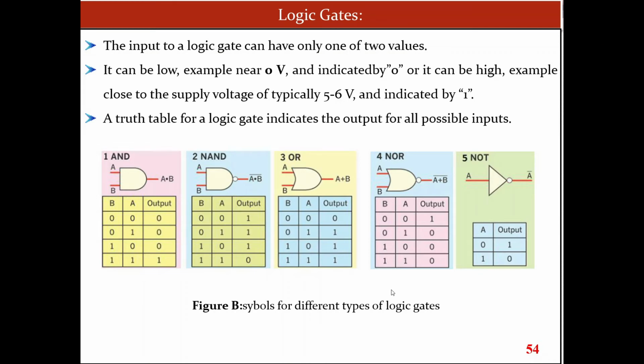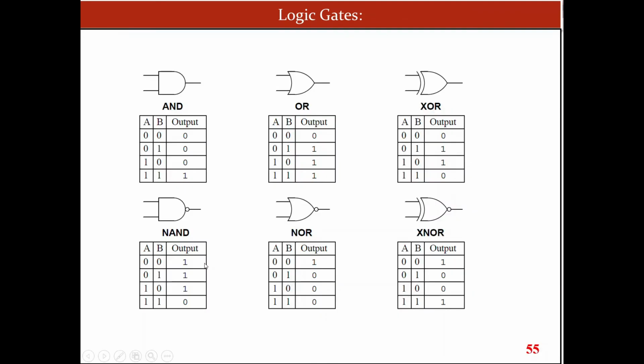Now let's proceed to the next one. These are the different truth tables for the AND gate, OR gate, and exclusive OR gate. In the exclusive OR gate, if one of them is 1, just like the OR gate, the output is 1. But if both are the same, 0 0, the output is 0. If both are 1 1, the output is 0.